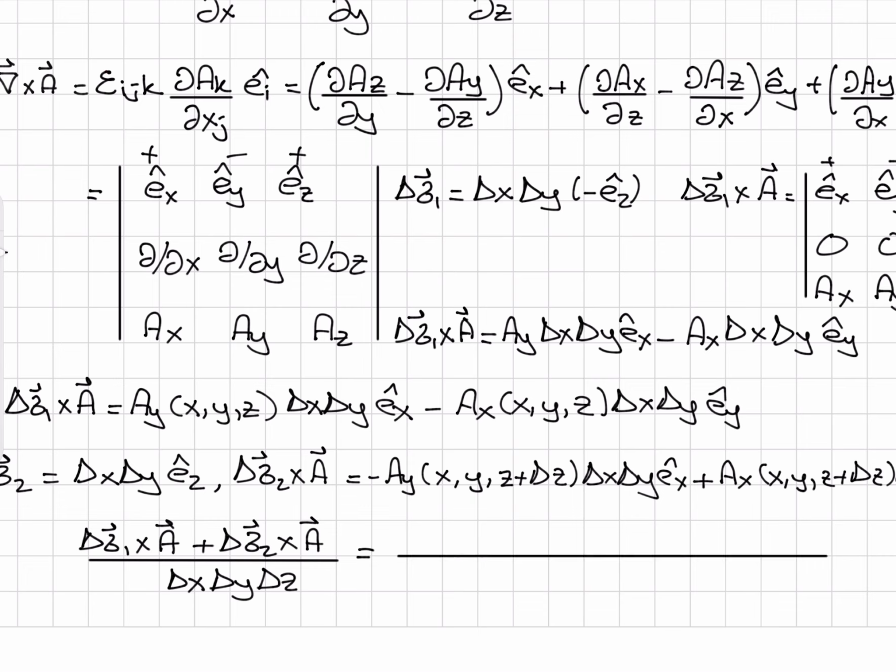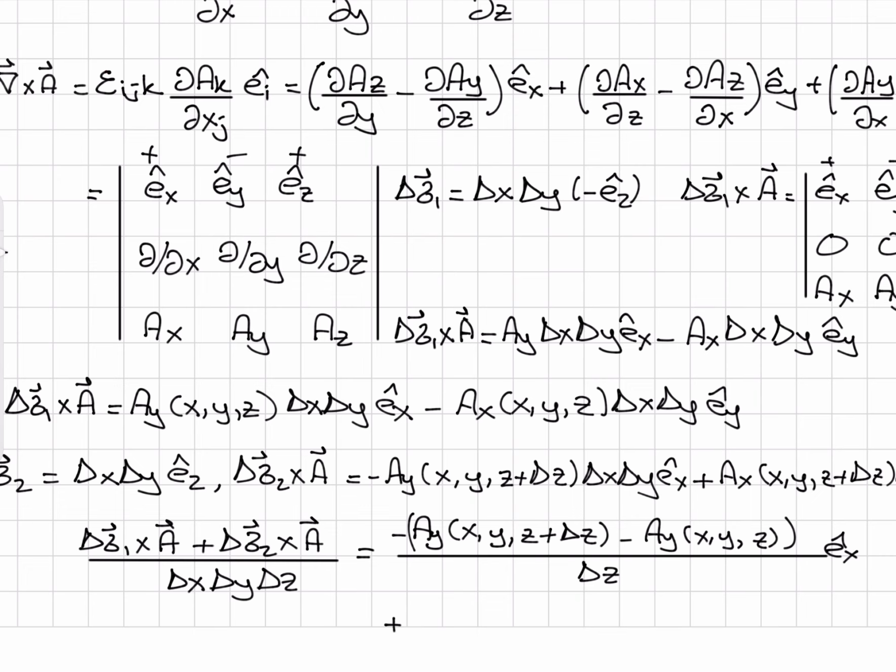I have minus parentheses AY at XY, Z plus delta Z minus AY at XY, Z divided by delta Z in EX hat direction.